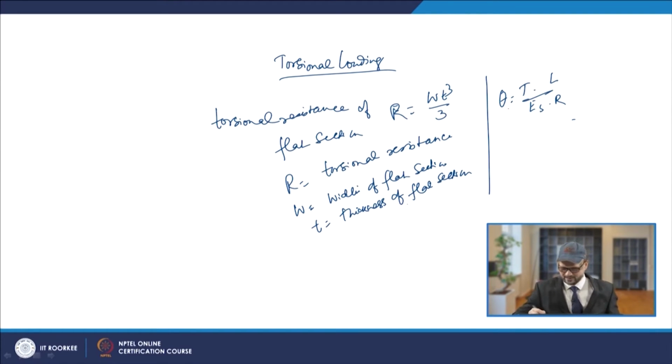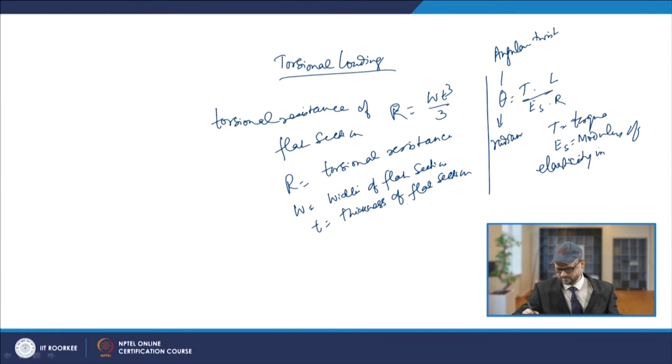You will have this value in radians, that is your angular twist. As we know, T is the torque, Es is the modulus of elasticity in shear, and R is the torsional resistance.